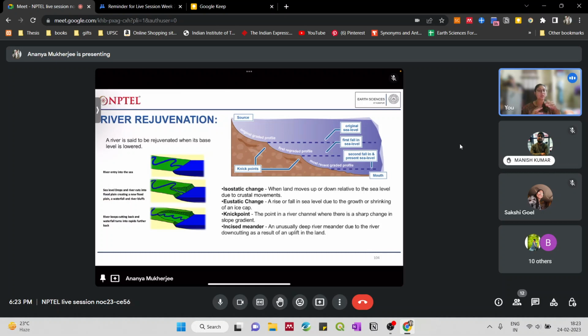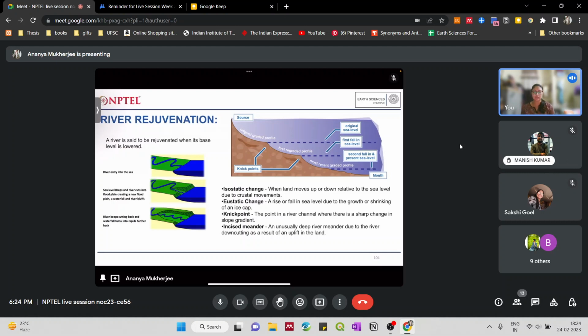And eustatic is when there is a rise or fall in the sea level. Obviously, if more ice melts, your sea level will rise. And if there is not much melting of ice, then with seasonal variations the sea level will decrease. Okay, so these two changes could cause river rejuvenation.